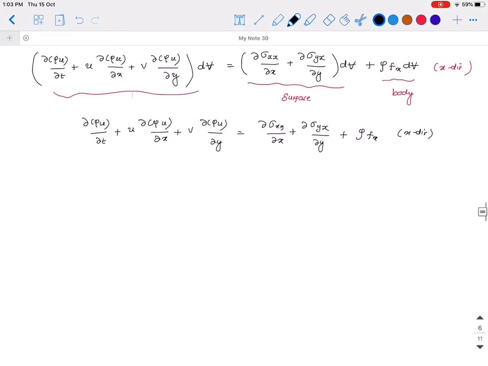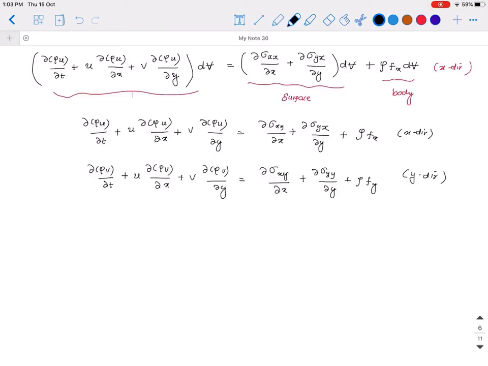Okay, similarly in y direction we can write plus rho fy.